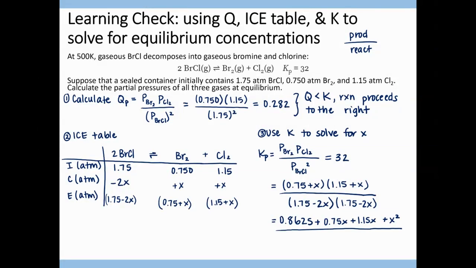So first, 1.75 times 1.75. Outside is 1.75 times negative 2x. Inside is the same thing. And then negative 2x times negative 2x is 4x squared. Remember, all that's equal to 32.